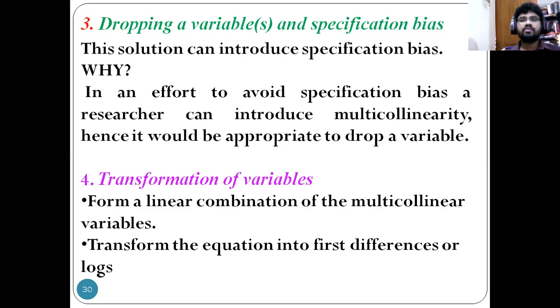For example, if you take GDP, exchange rate, and other variables like capital, the GDP value is different, exchange rate is different, and capital value is different. For example, GDP is measured in crores, exchange rate in terms of rupees, and capital in terms of thousands.